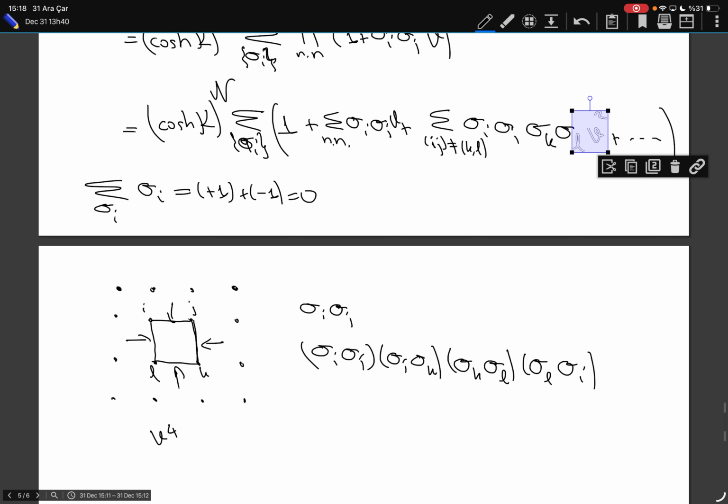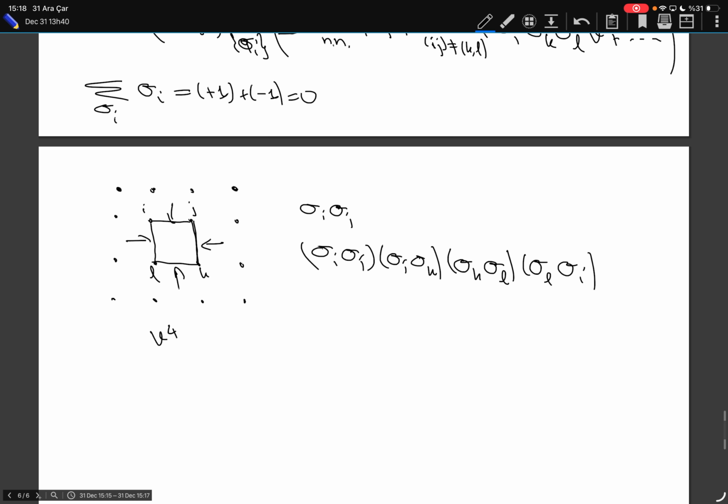Do I have other contributions? Well, sure. For example, I have a contribution corresponding to these links. How many links do I have? 1, 2, 3, 4, 5, 6, 7, 8, 9, 10, 11, 12. The red one is a contribution of v to the 12.